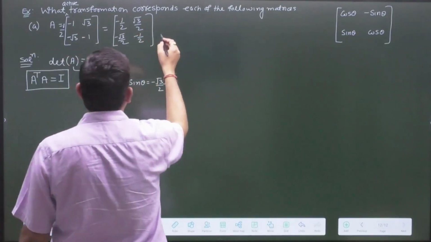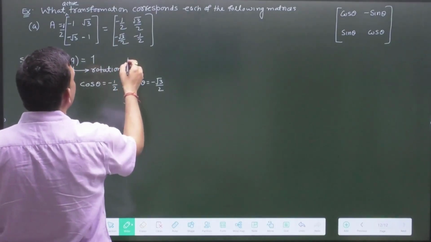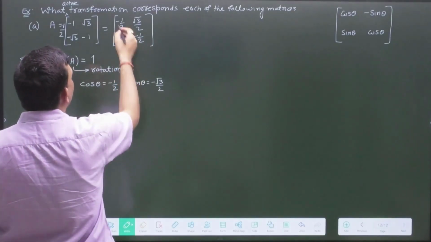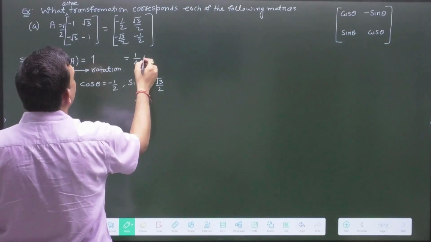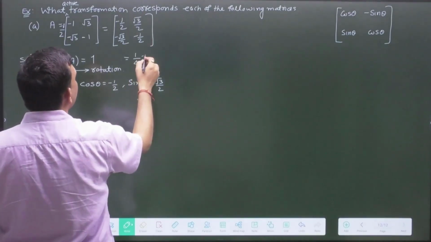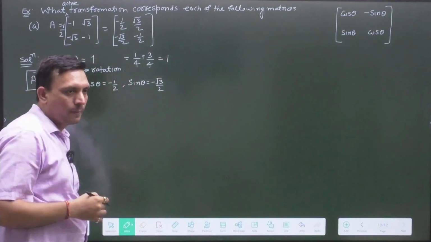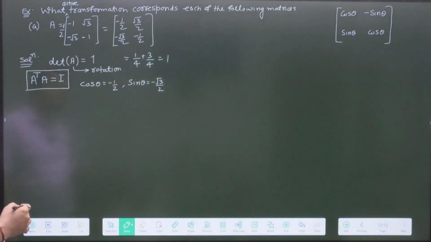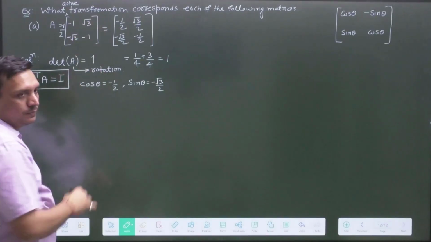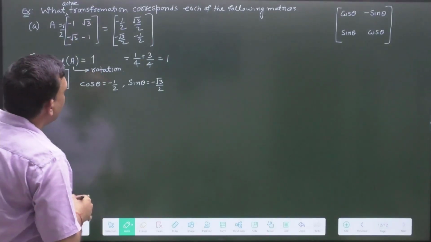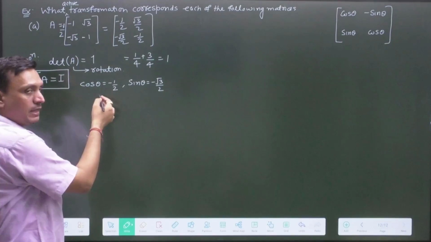Let's check the determinant. This determinant will be 1 by 4 plus 3 by 4, so this value is 1. This is correct. So now what will be the theta value?